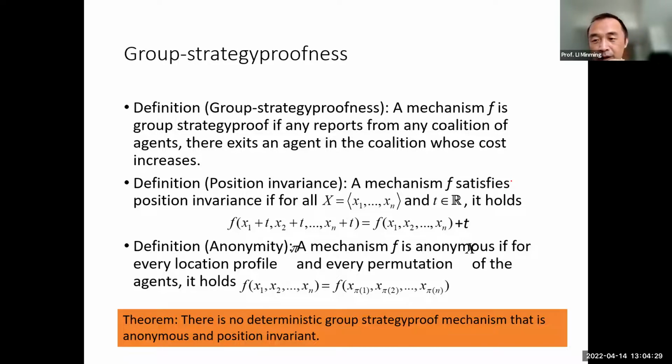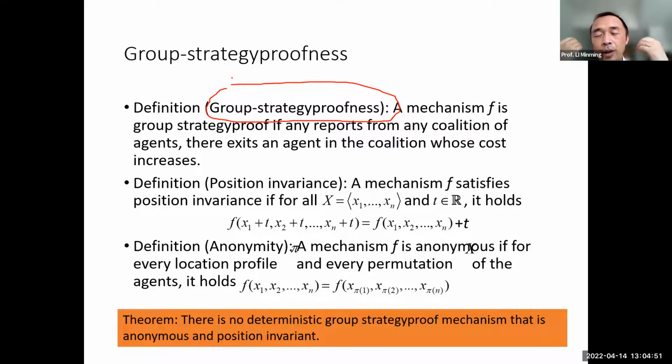Now here, this coalition, you mean group strategy proofness? You mean this one? Actually, this is a general definition. If there is one group of agents, they cheat together such that everybody is better off, then they will cheat definitely, right?